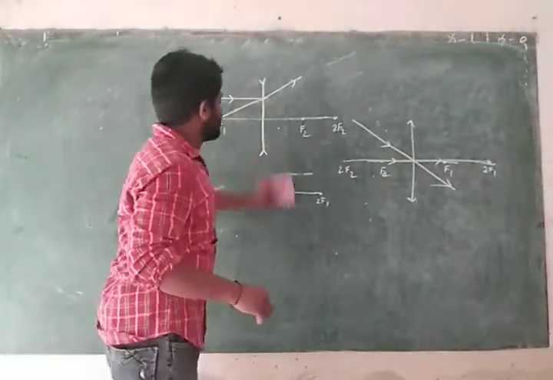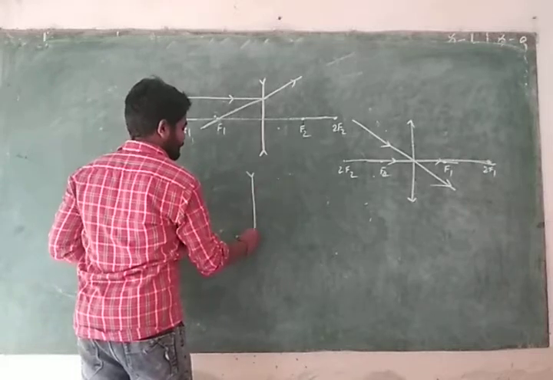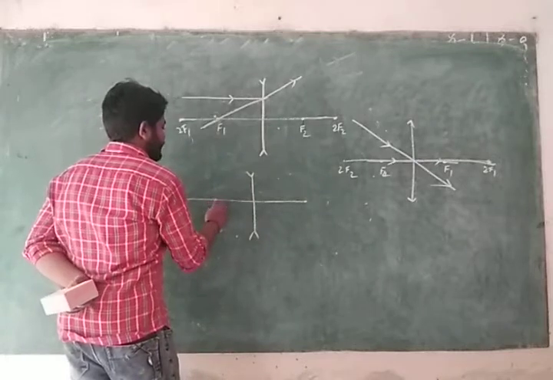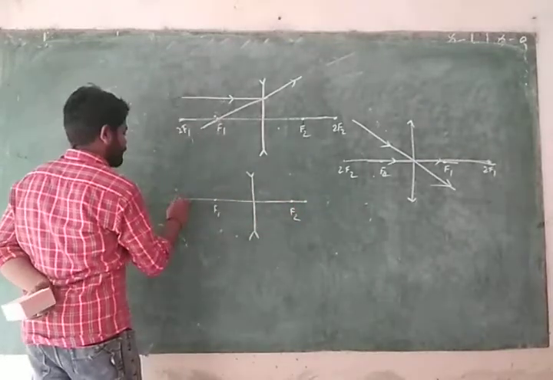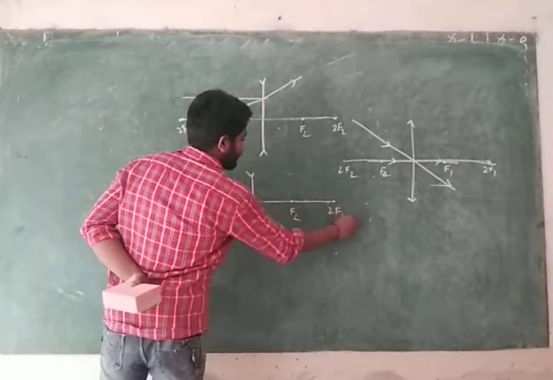For the second, let us see. If I draw a second light ray, same principal axis, and it is F1, F2, 2F1 and 2F2.